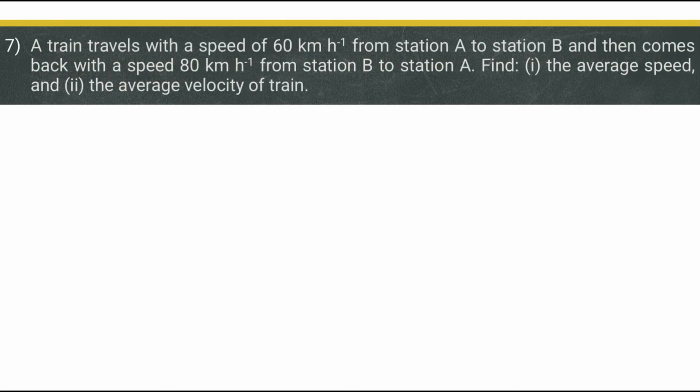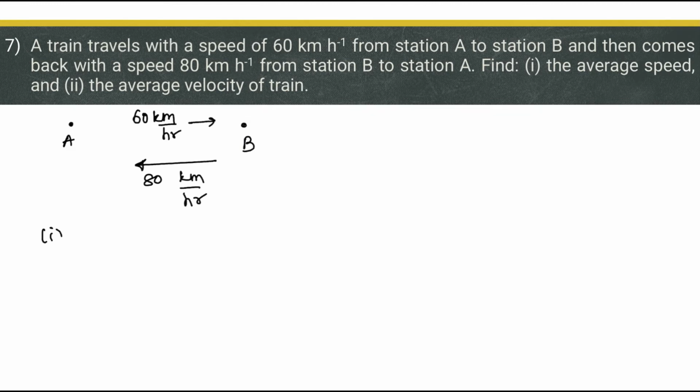Seventh, a train travels with a speed of 60 kilometers per hour from station A to station B and then comes back with the speed 80 kilometers per hour from station B to station A. Find the average speed and the average velocity. So the distance from station A to station B is covered with the speed 60 kilometers per hour, and the distance from B to A is covered with the speed 80 kilometers per hour. Now here only speeds are given.